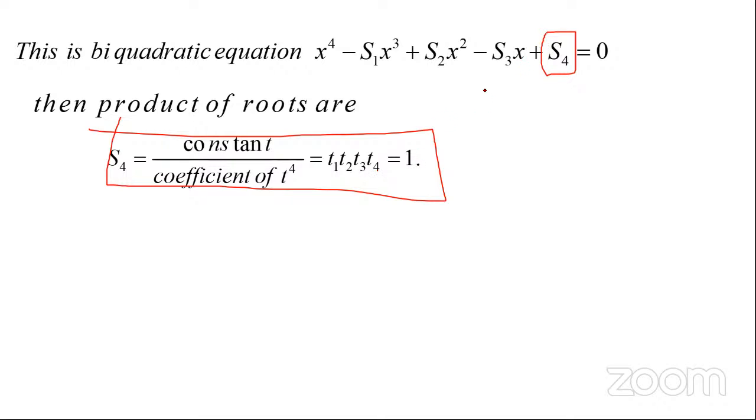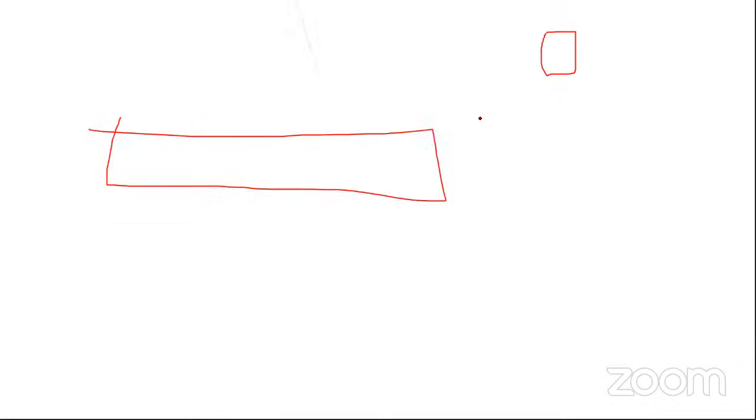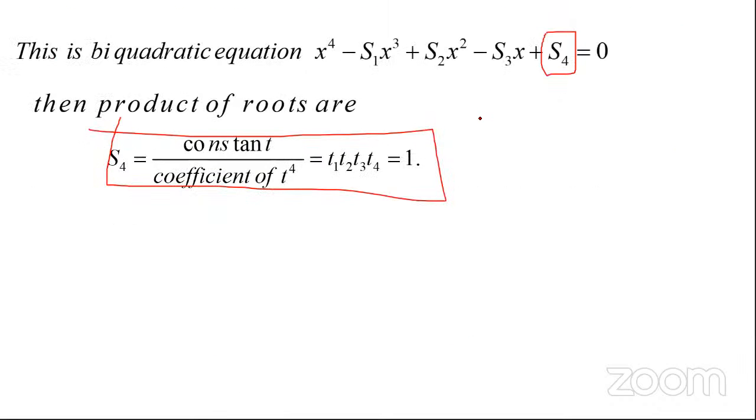So the constant term value is t1 t2 t3 t4 equal to 1. Why that? Because in the question he mentioned that x r y r equal to 1, 2, 3, 4. You just have to substitute the x r values 1, 2, 3, 4. So that's why you will get this S4 value.